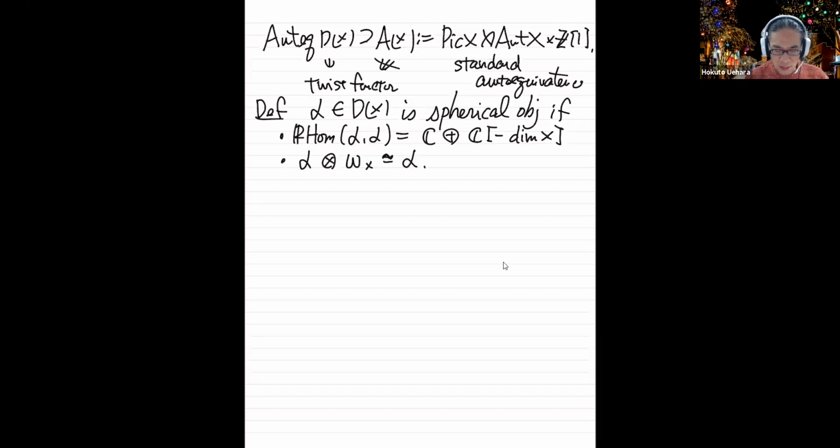If alpha satisfies this property, it is called a spherical object.